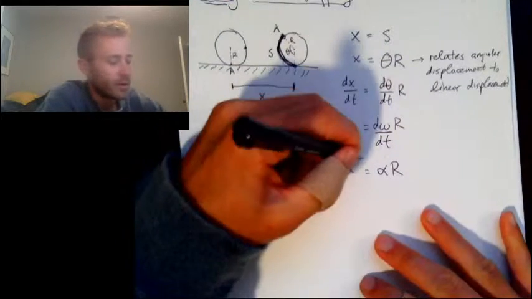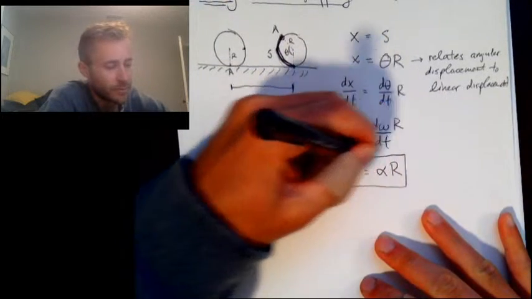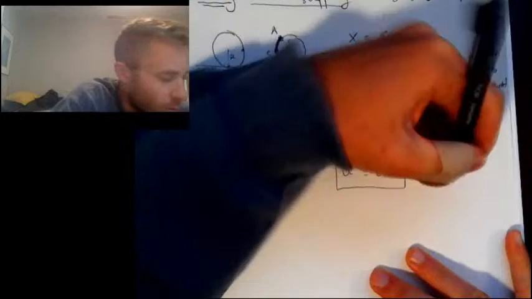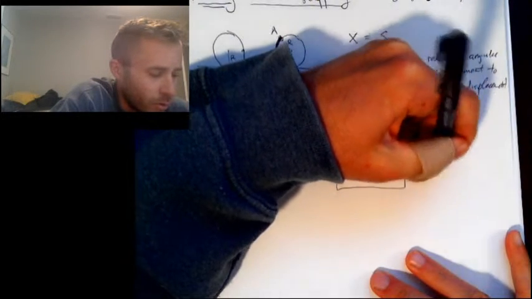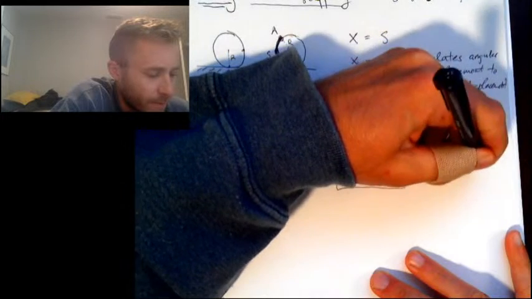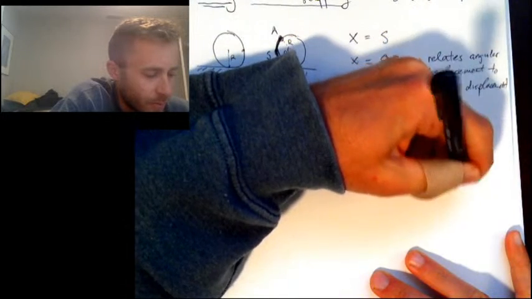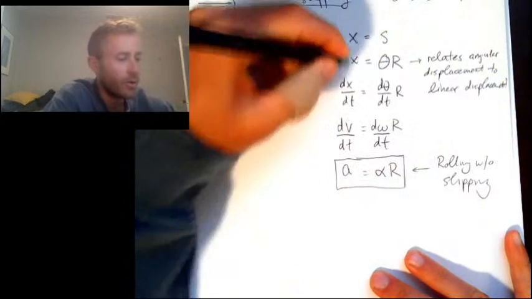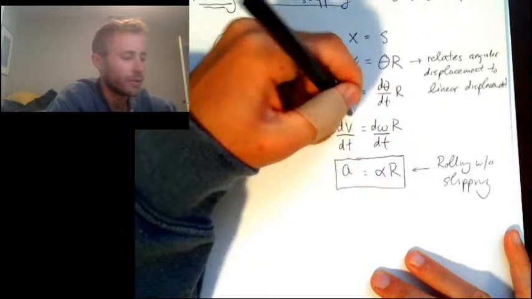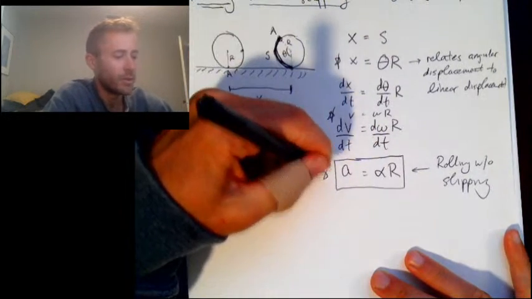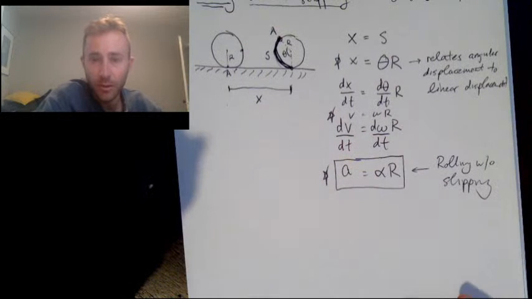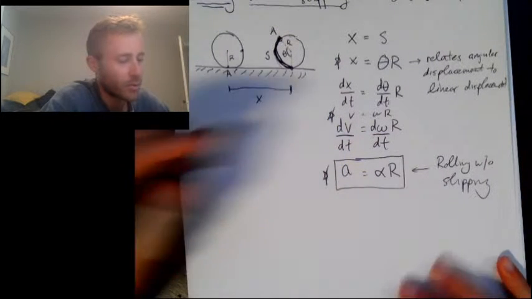So this equation is the equation for rolling without slipping. Really, all three of these equations, v equals omega r, are expressing rolling without slipping. But this is the one we're going to use.